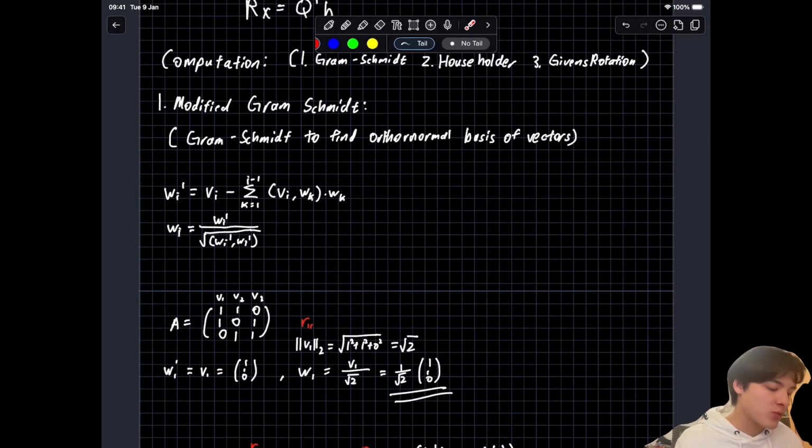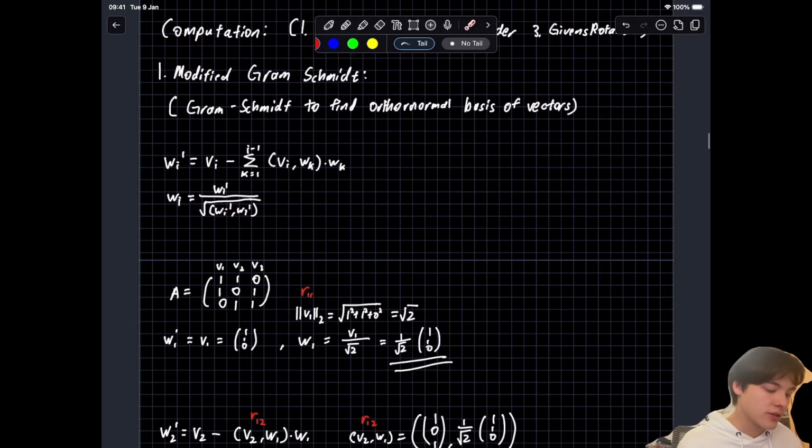Basically, we take a vector and remove whatever appears before. So here we take the dot product, to see how much it aligns with the vectors we already found. And then in the end we normalize it.